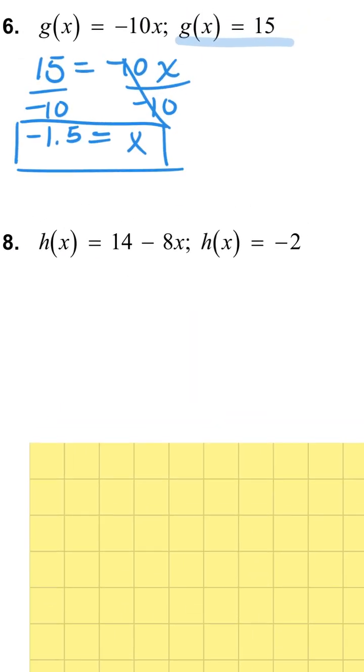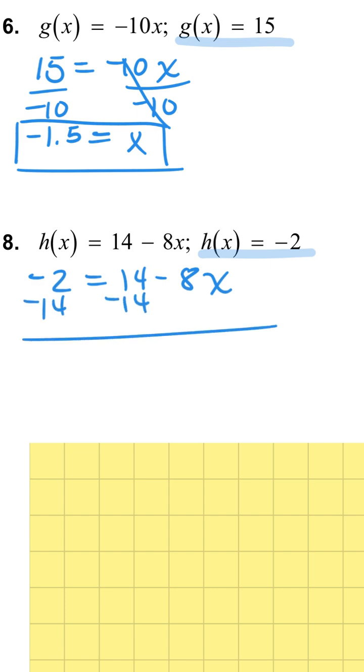Number 10, again, they're giving us h of x gives us negative 2. So we have negative 2 equals 14 minus 8x. What do we do first? Remember backwards. So we're going to have negative 14 on both sides.